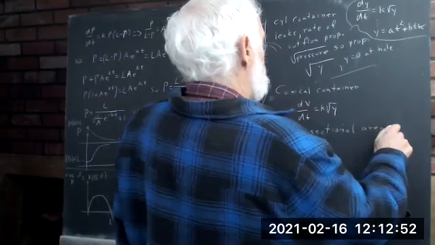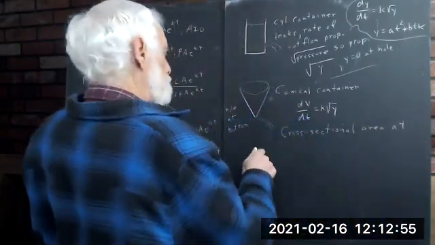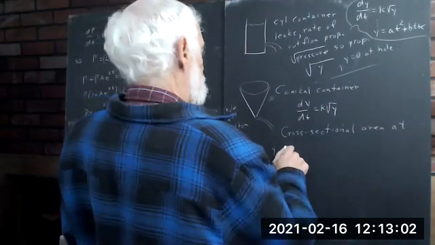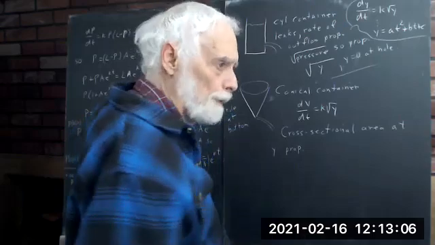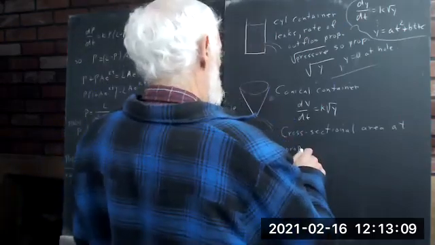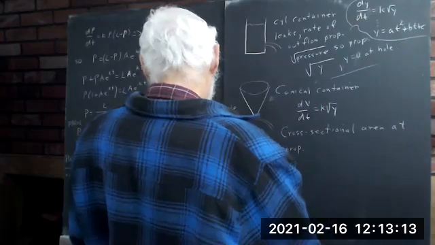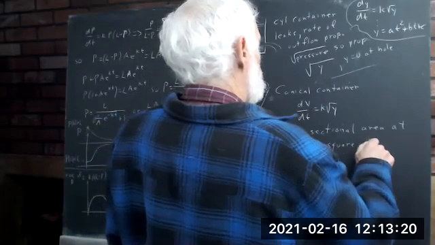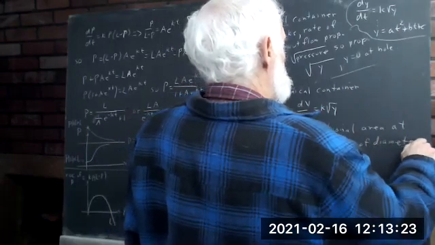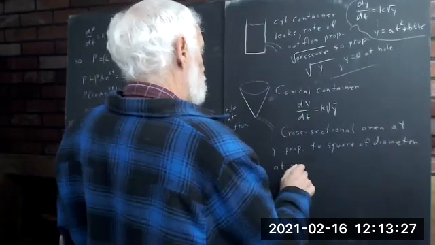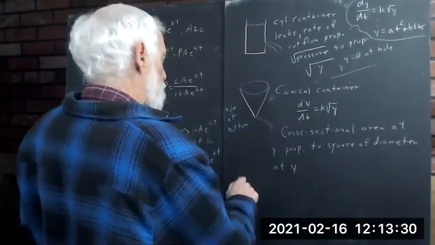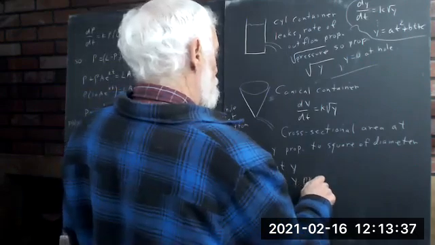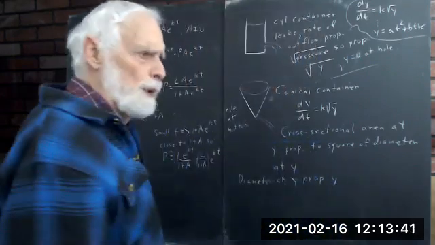Cross-sectional area at y is proportional, I'll say, to the square of the diameter at y, and diameter at y is proportional to y.